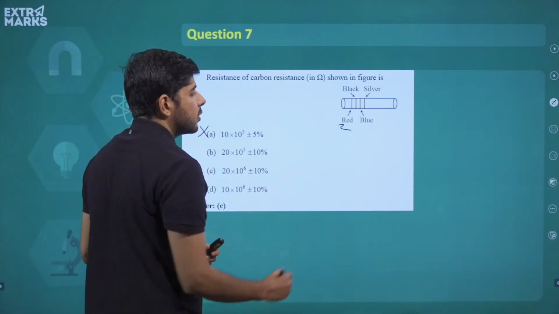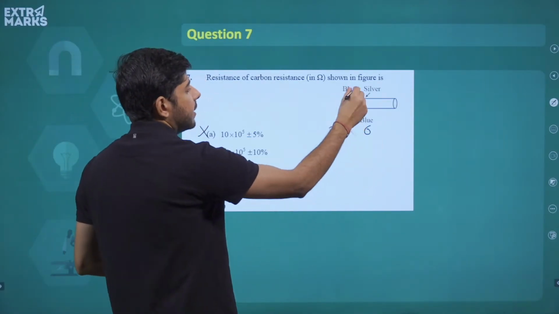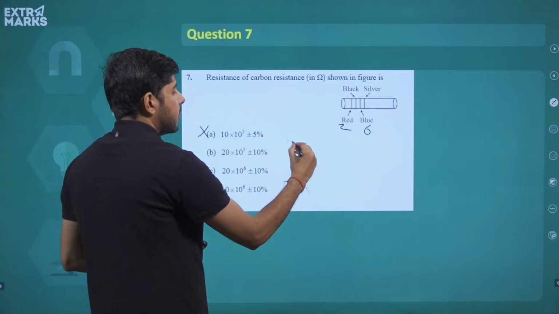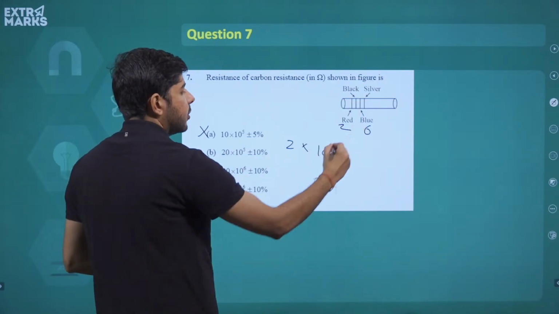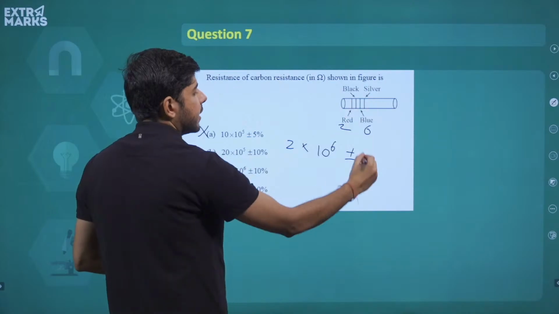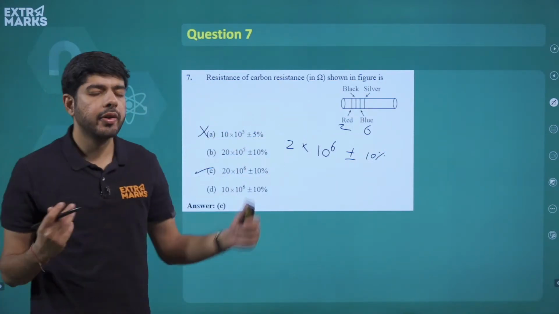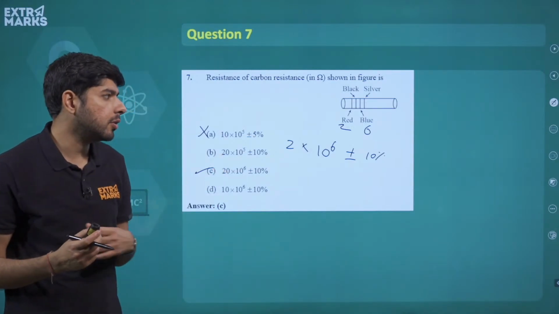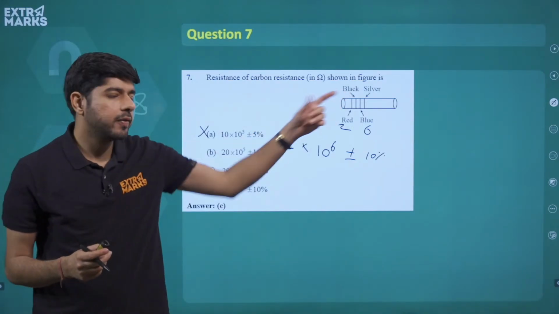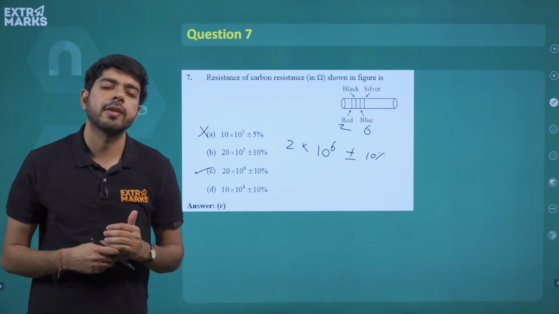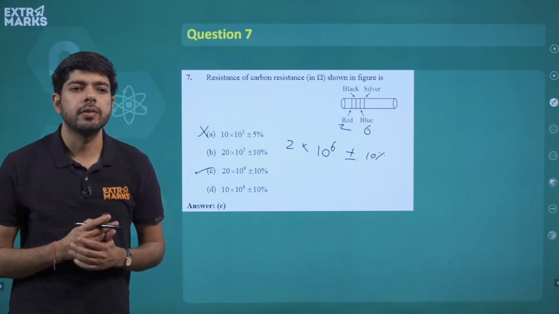That is the main thing. Red is 2, blue is 6, and black is the power. So 2 into 10 to the power 6, blue, plus minus silver, that is 10%. So that is your answer. These are the values you need to remember. There is brown also, and we have silver, we have gold also. You need to memorize these values.